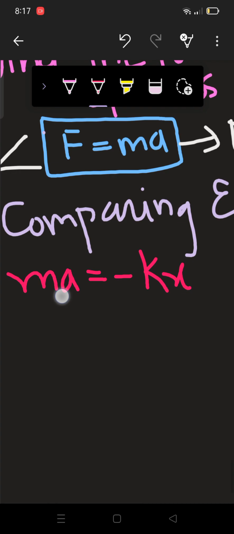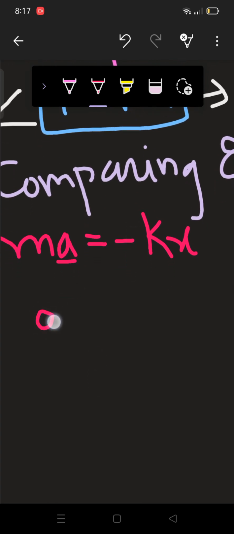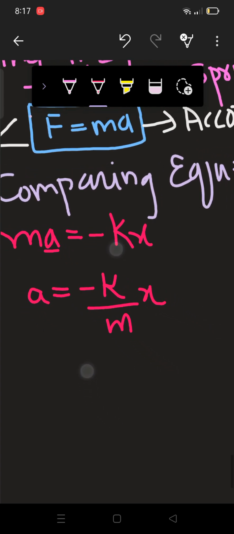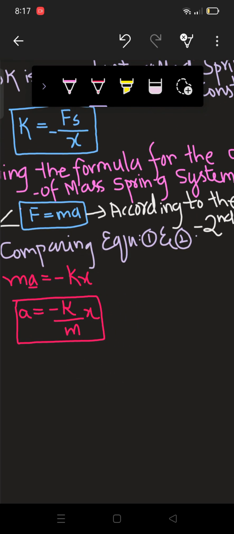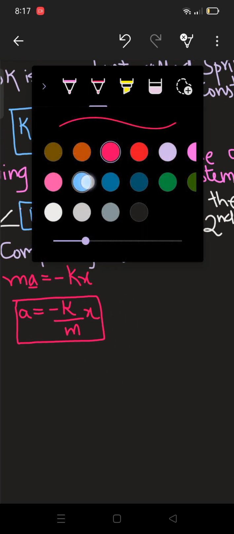What you need to find? You need to find a. So a is equal to negative of k upon m into x. This is the formula for finding the acceleration of mass spring system.